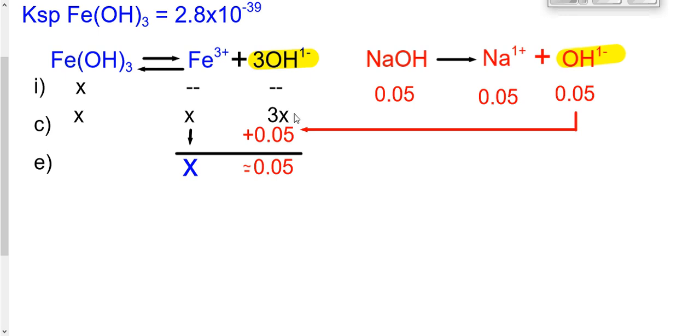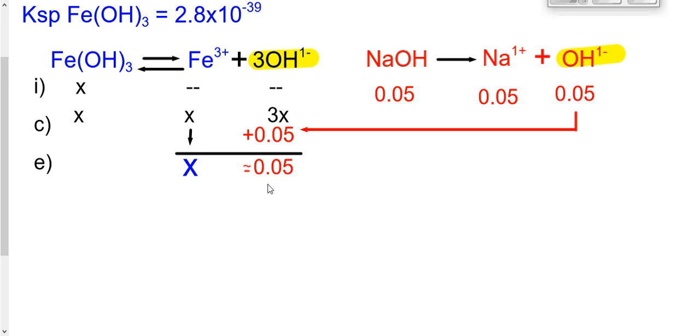Remember, the amount of hydroxide I got from the iron hydroxide will be very, very small. Had I just multiplied these two values, X and 3X, together in the Ksp expression, I get this value of 2.8 times 10 to the minus 39. So the value for X is going to be on the order of 10 to the minus teens. This only has a decimal point to minus 2.